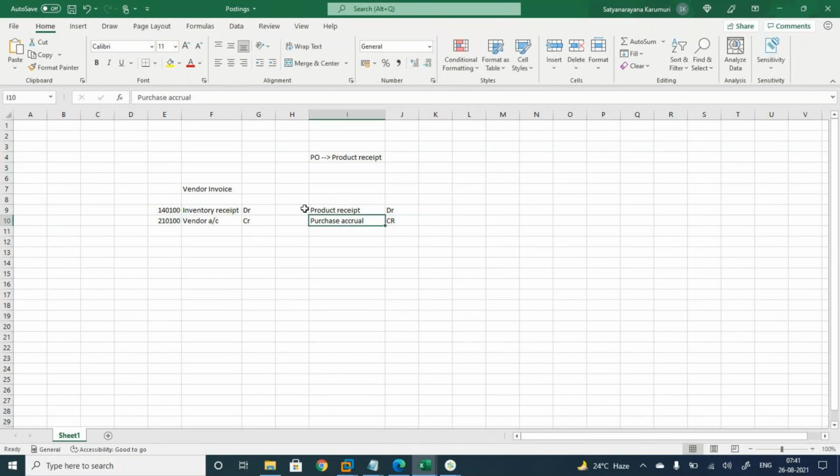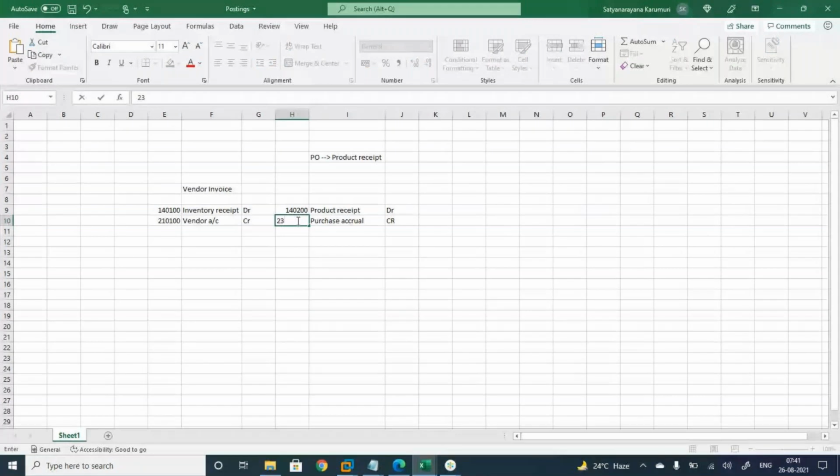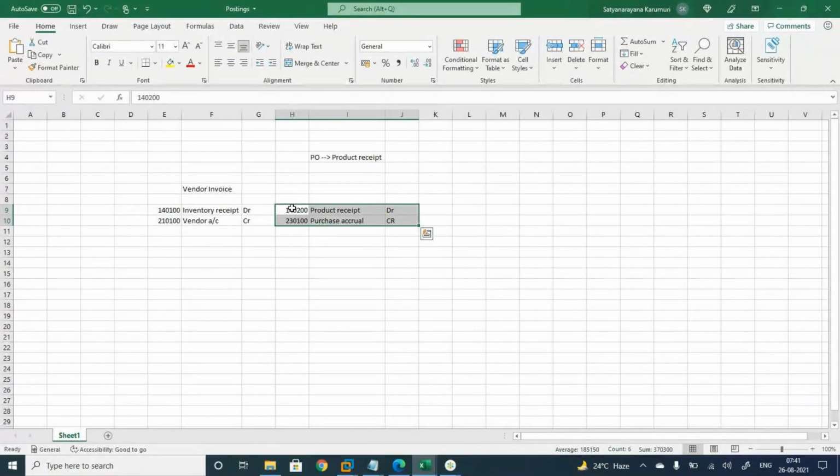I can map some account, maybe 230100. As per the business process, this is a temporary account, for material received but not invoiced. If I combine these two, 18 crores and 2 crores, I get 20 crores.